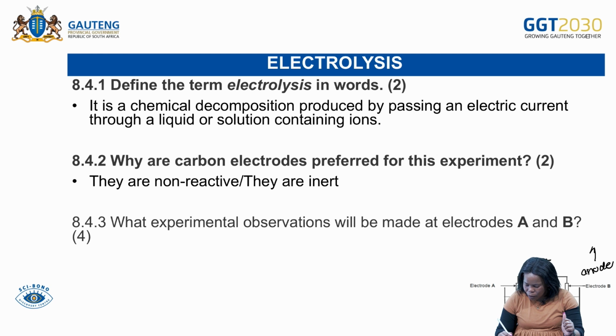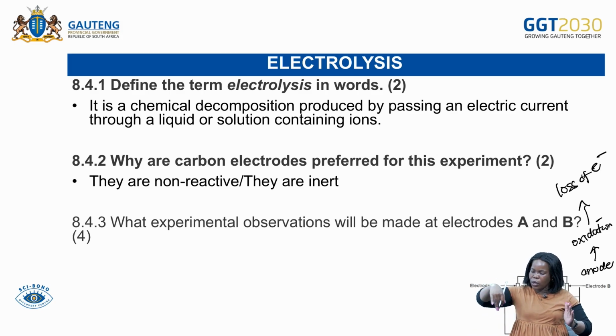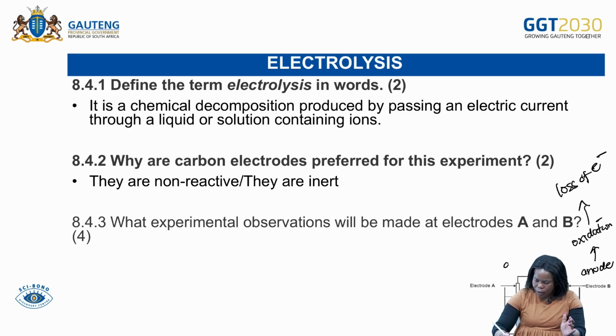What happens in an anode? Oxidation. What is oxidation? Loss of electrons. They're being lost, they're being gained. What happens here? This is our cathode. Let me write it nicely.